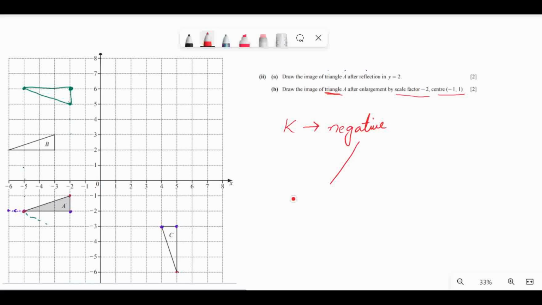The first is that the image will be inverted, and the second is that the image will be on the other side of the center of enlargement. Now we will use this concept and the graphical method.